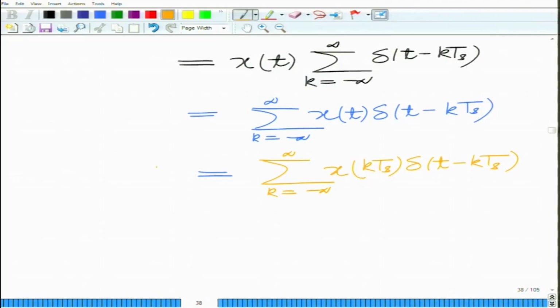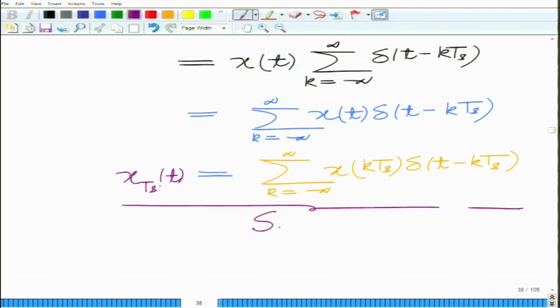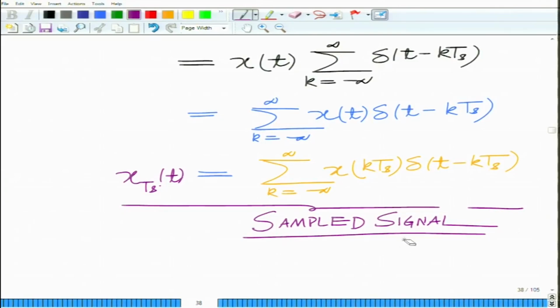So this is basically the sampled signal.